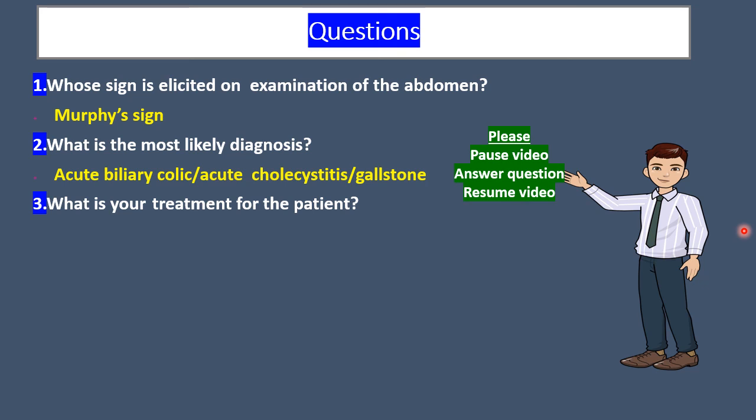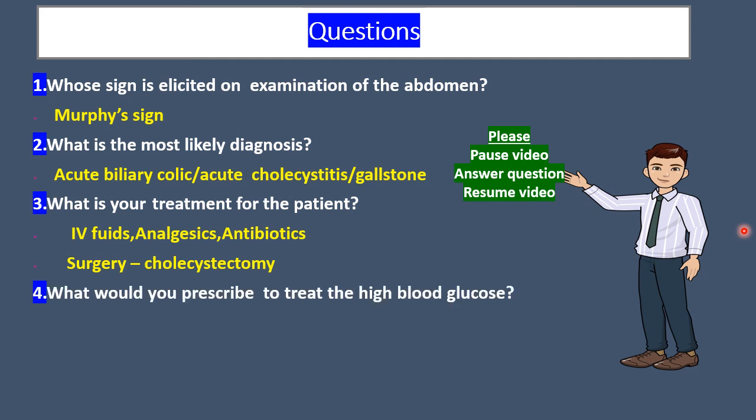Question number 3. What is the treatment for the patient? Answer, IV fluids, analgesics and antibiotics are the initial treatment, followed by surgery, cholecystectomy, either laparoscopic or open. Question number 4. What would you prescribe to treat the high blood glucose in this patient?